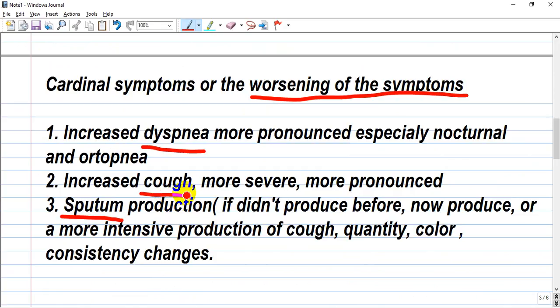If we are talking about cough, it's more severe, more pronounced, that will lead to cyanosis. And sputum production changes in quality, in color, consistency, and if the patient didn't have sputum before, now will have.